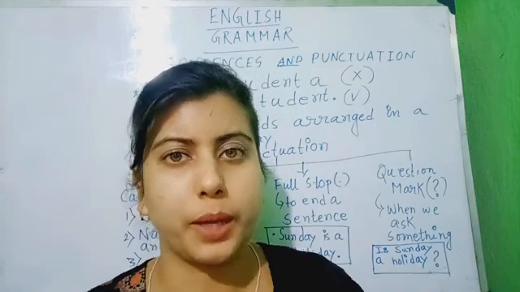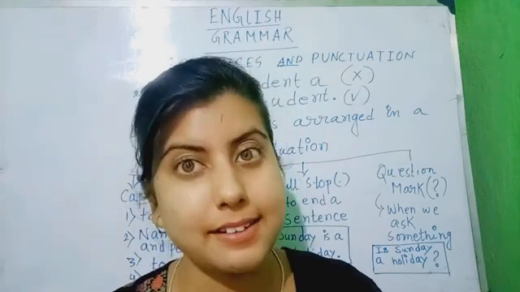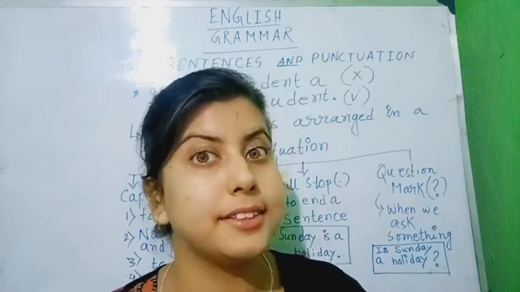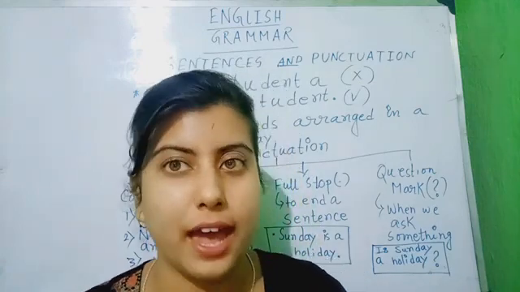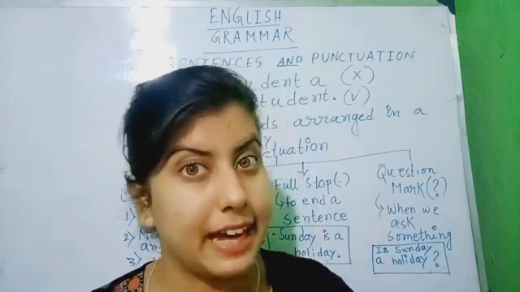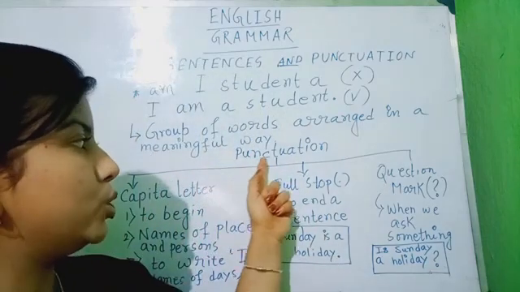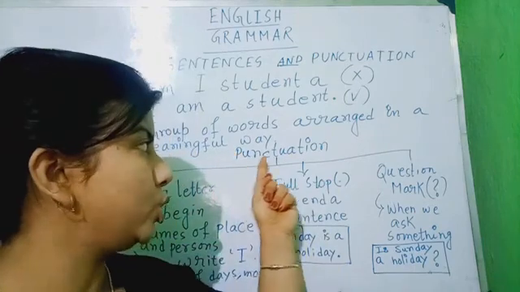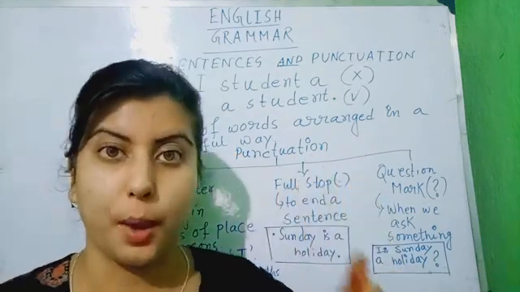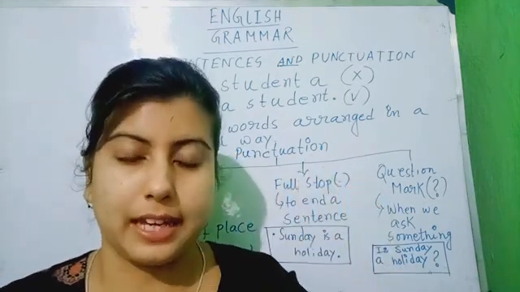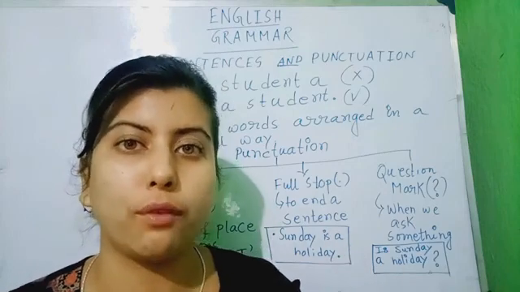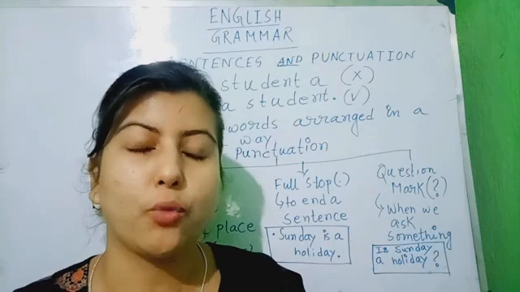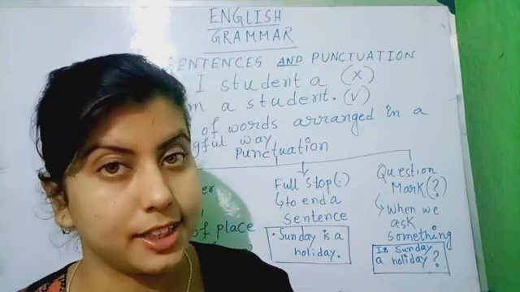Now children, to write a sentence, we need to know another thing that is very important. That is punctuation. Say with me, punctuation. Punctuation is a collection of rules that we need to follow while writing English.